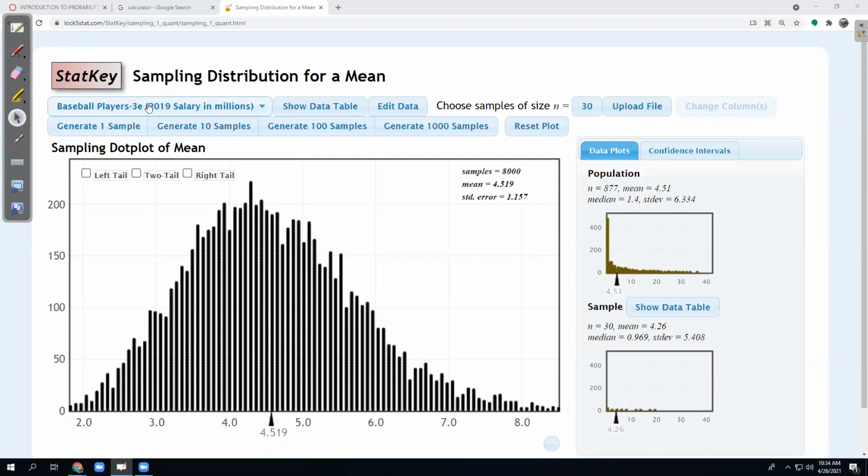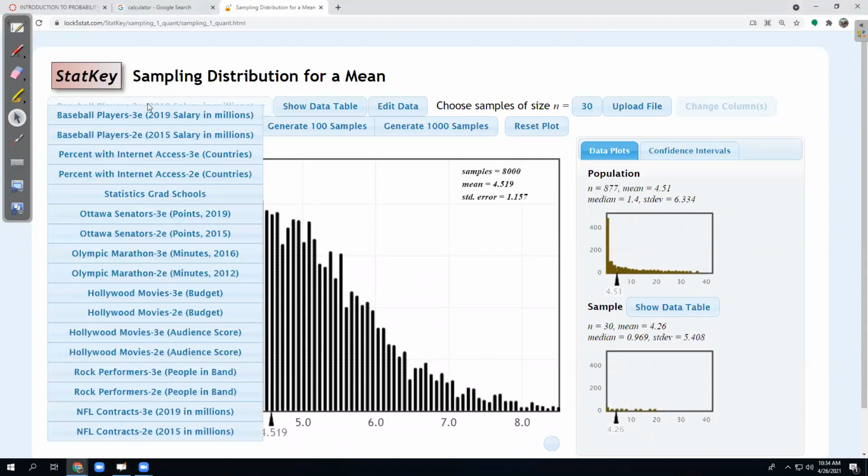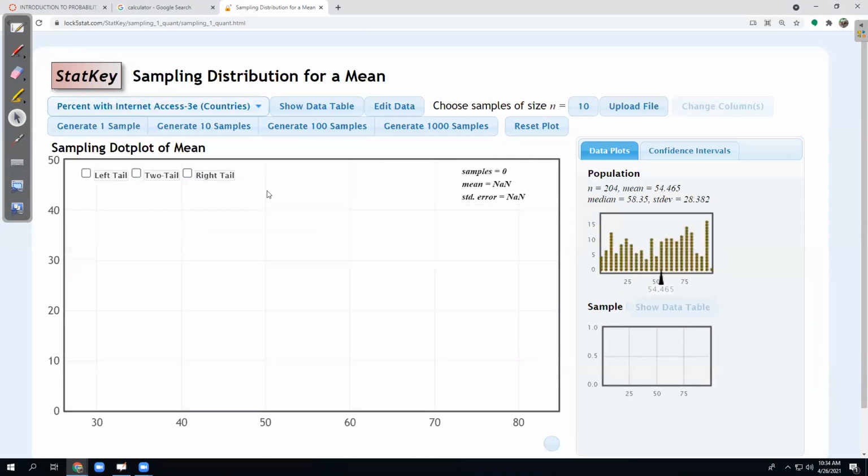Let's look at a different one. Which one do I think was interesting here? Percent internet access in countries. So here we have a population, 204 countries of the world. What percent of the people in the country have internet access? So there's a country where only 2% have internet access.